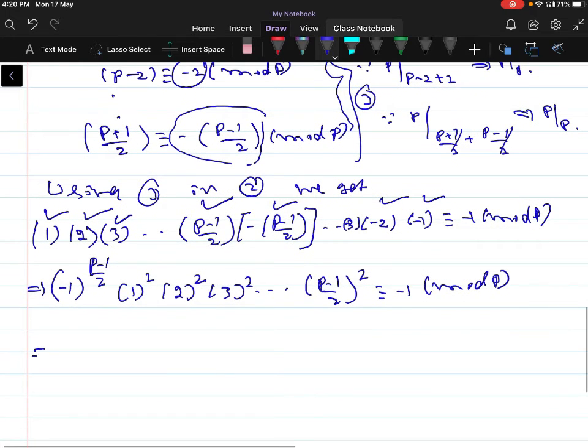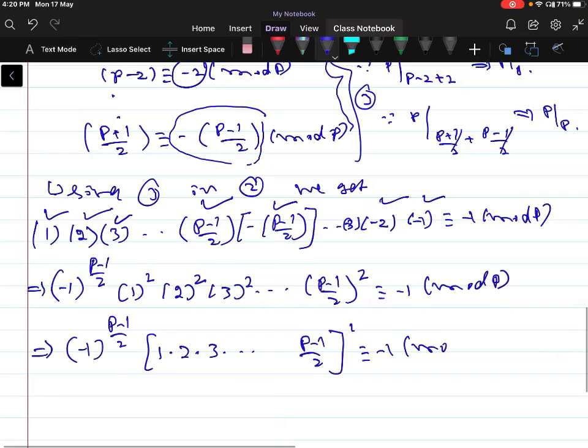So this implies minus 1 to the power of (p-1)/2, so 1 into 2 into 3 and so on up to (p-1)/2 whole square is congruent to minus 1 modulo p, we can write.